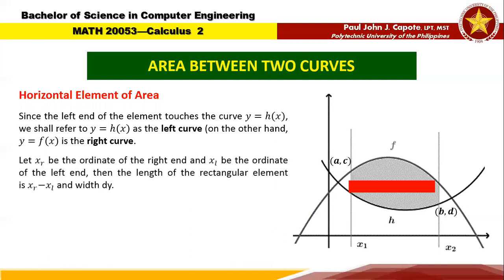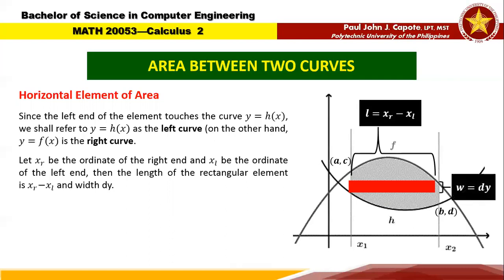Let x sub r be the ordinate of the right end, and x sub l be the ordinate of the left end. Then the length of the rectangular element is x sub r minus x sub l, and its width is dy.